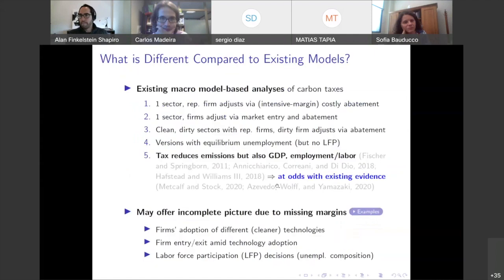Yep. Hi, Juan Guerra Salas here from the bank. Hey, Juan. Just a clarifying question. Yep. That's because I'm not familiar with this literature. So you're studying a carbon tax for the US as a way to simplify the measures that the US government would take to reduce emissions to meet the targets.